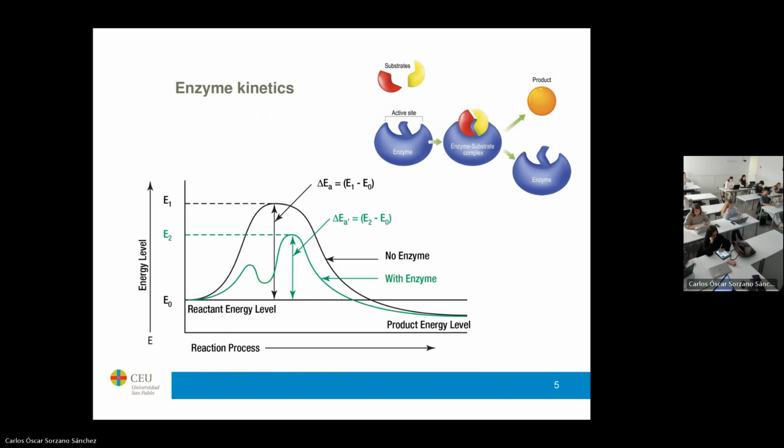Here, proteins are enzymes, and the enzymes act upon substrates. The metabolites here are typically the substrates. The idea is that the enzyme facilitates the interaction between the different metabolites, between the different compounds.